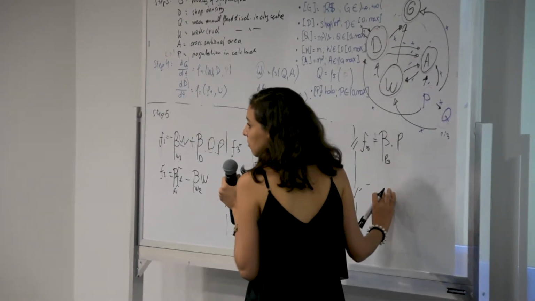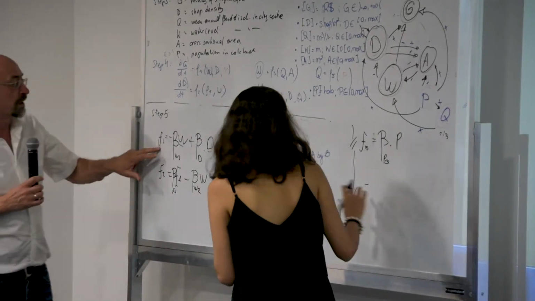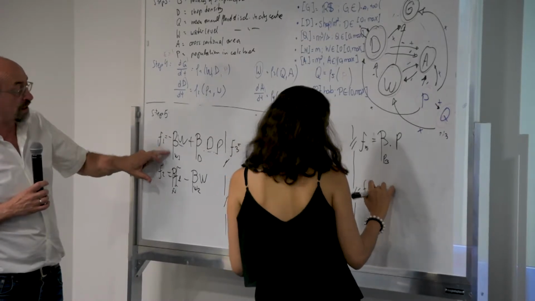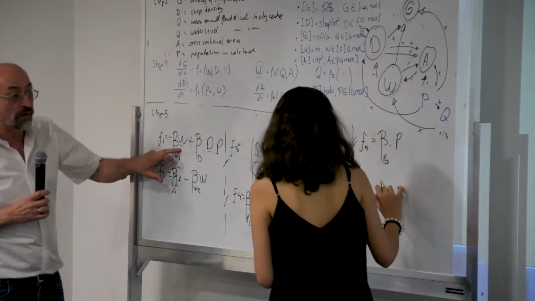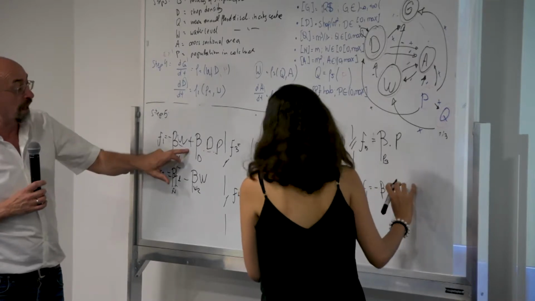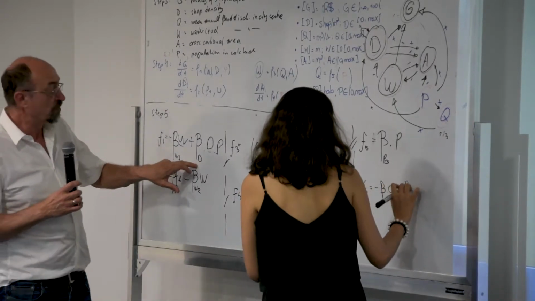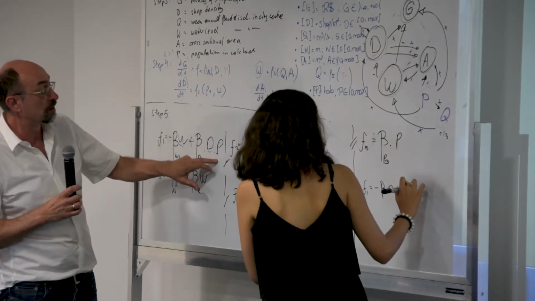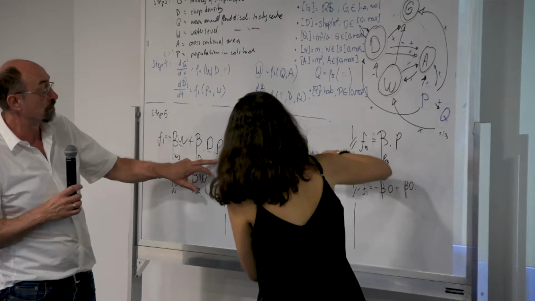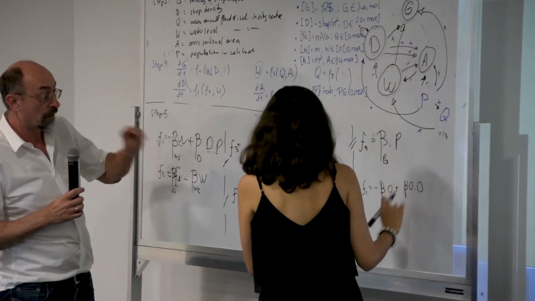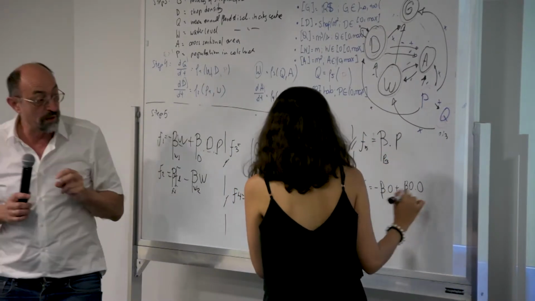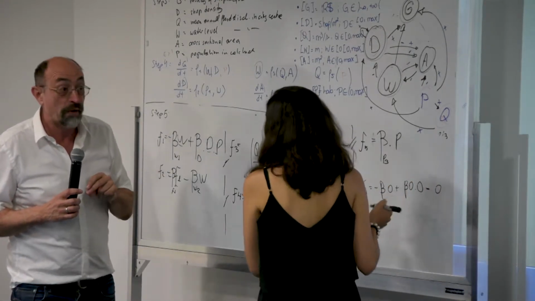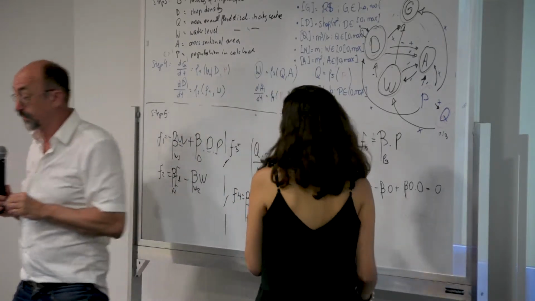Well, you can just simply write F1 is minus beta times 0, which is the minimum, plus beta times D, which is 0, and P, which is 0. Is this a good result or a bad result?